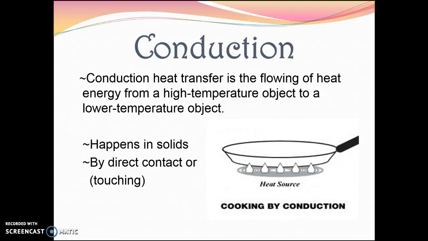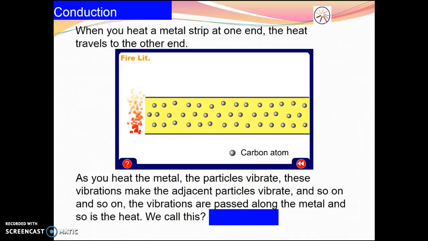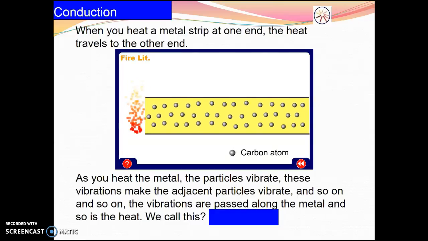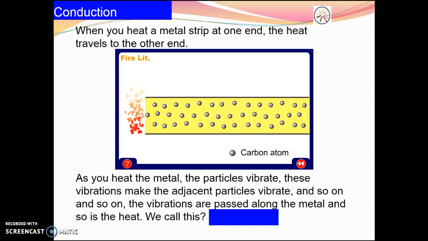So if we look at conduction by cooking, if the pan touches the burner, that's direct contact. It's directly contacting and touching the heat source. So when you heat up, let's say we heated up a metal strip, those particles would start to bounce up and down, and we know that anytime we heat up something, the particles start to move quickly.